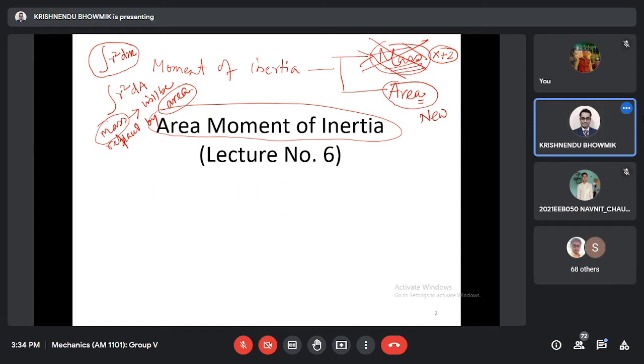So mass moment of inertia is not applicable for your mechanics subject; it will be area moment of inertia. If in solving a problem in the exam I find that someone has used the mass moment of inertia expression, I'll cut it and give 0 out of 10. It will save my time. So what I am looking for is area moment of inertia.